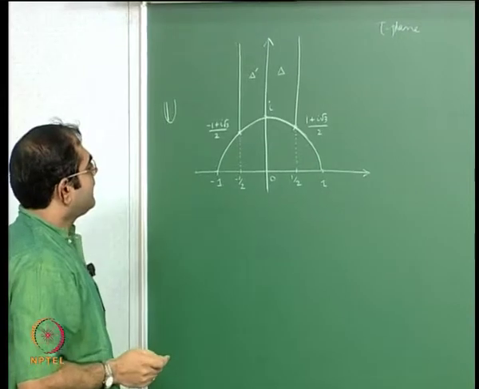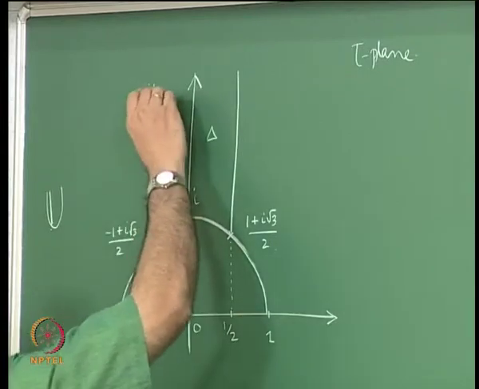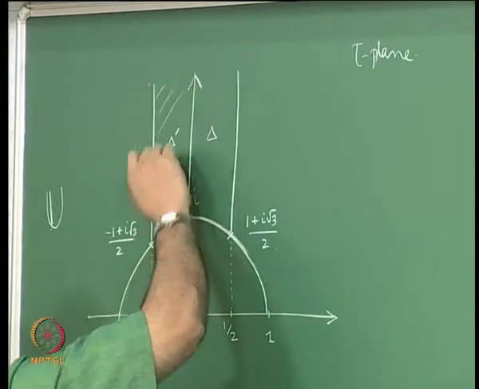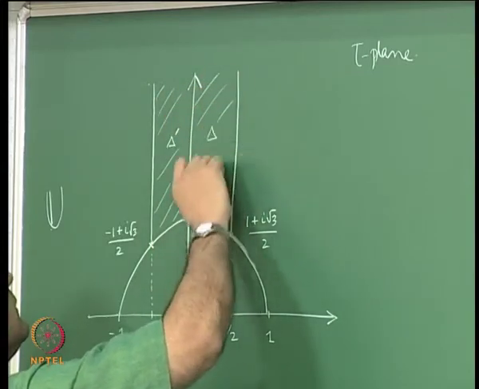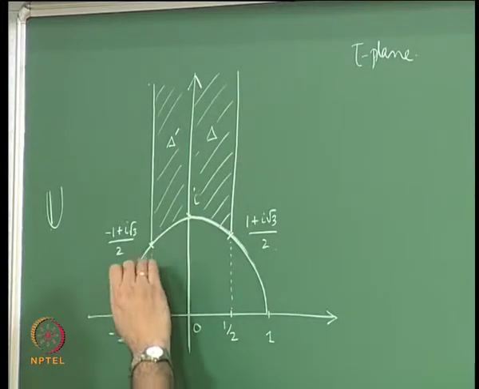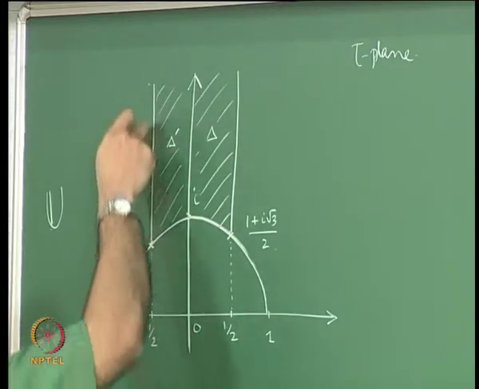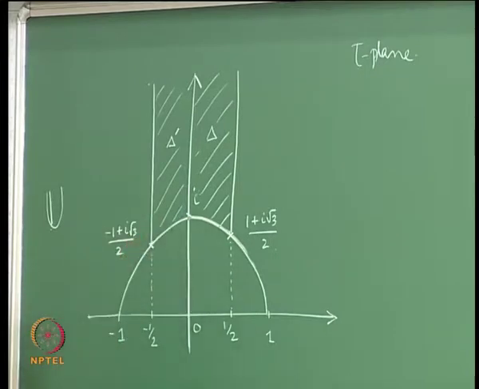And script D is this shaded region, and of course we don't include this half line and this piece of the semicircular arc.